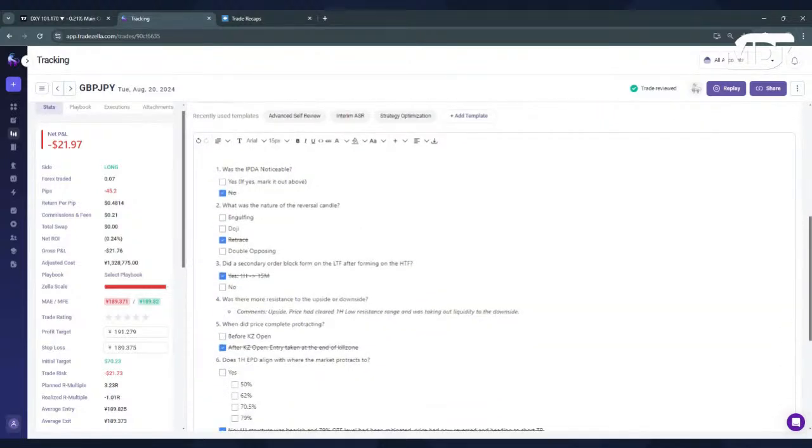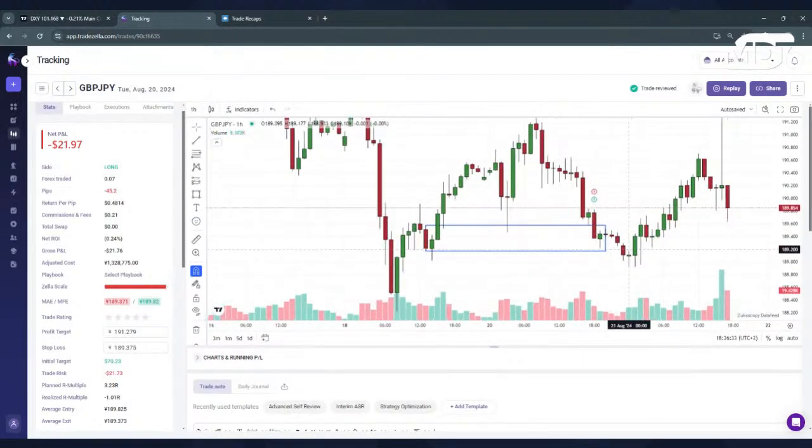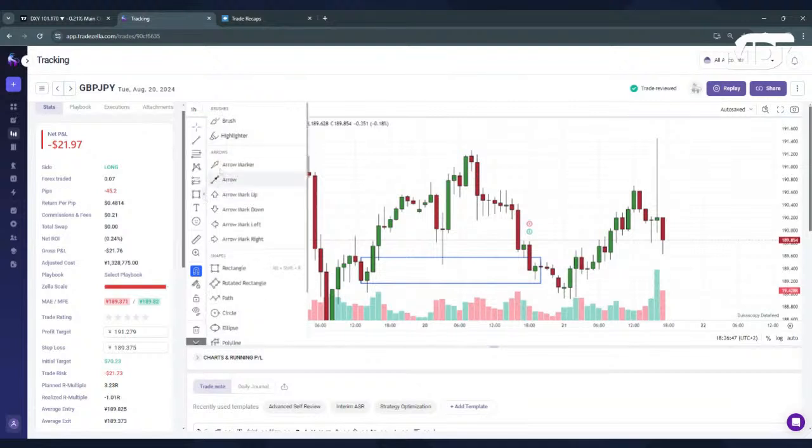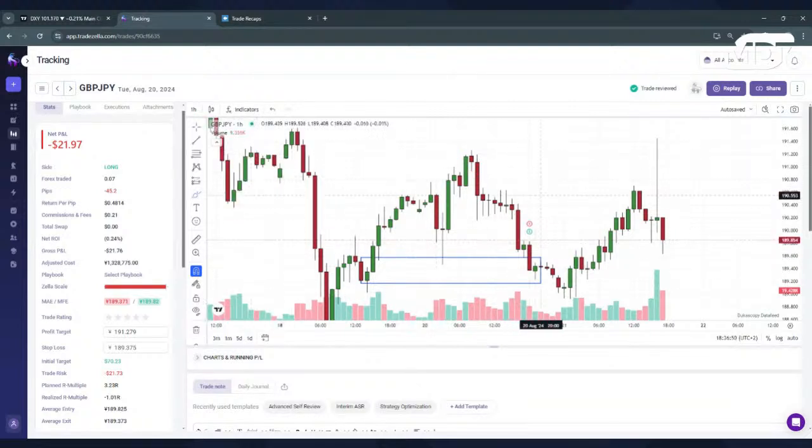Was there more resistance to the upside or downside? This is the same question as the last one, but I said upside. Price had cleared the 1 hour low resistance range. I was taking out liquidity to the downside. And that's arguably something that probably worked against me in this position.